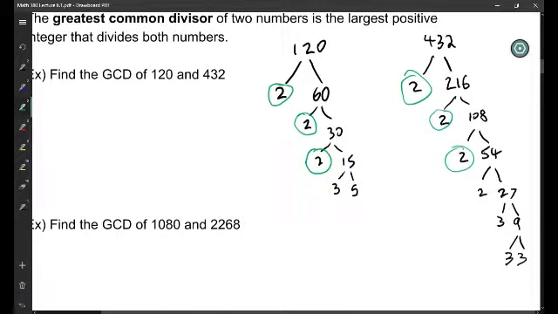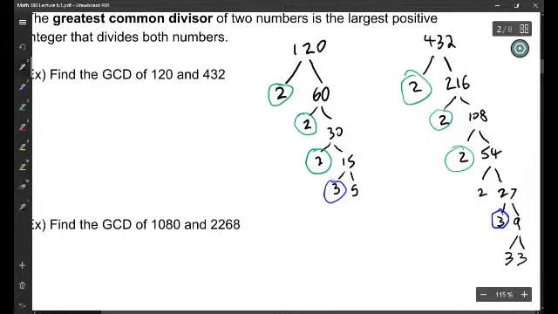And then for 3, we see 1 factor of 3 in 120, and 3 factors of 3 in 432, so just 1 factor of 3 in the GCD. And there's a factor of 5 in 120, but no factor of 5 in 432.